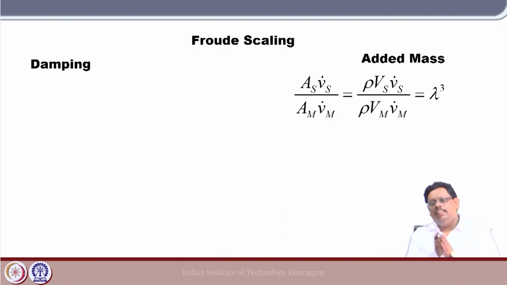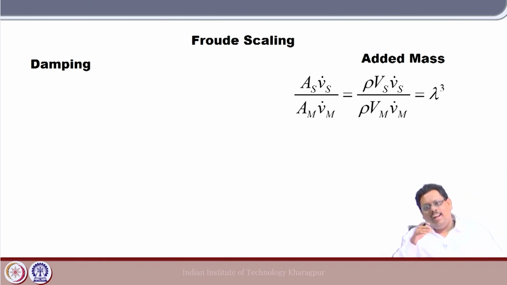So, it is the ratio between the added mass of the prototype and the model, multiplied by the ratio of the acceleration, equal to lambda cube. As you know, that ratio of the acceleration is equal to 1. Therefore, I understand that added mass can be scaled by lambda cube.